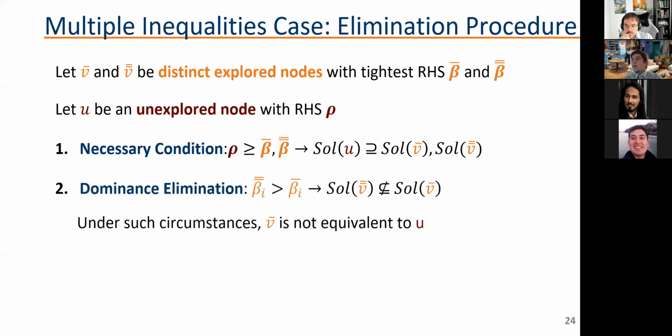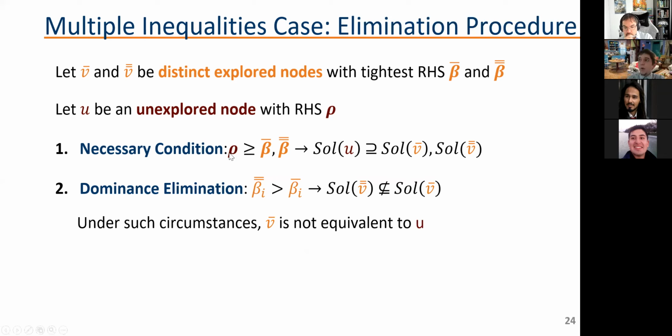But then let's say that when we look at these two explored nodes for which we find a match, we see that in one of the elements of the right-hand side of one of them, we have a strictly larger value than the other one. So let's say beta double bar I is greater than beta bar I. What that implies is that there is at least one solution in V double bar that's not contained in V bar.